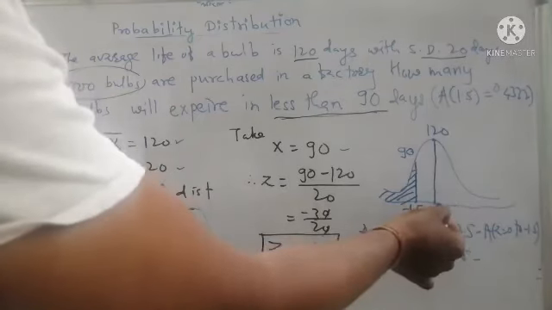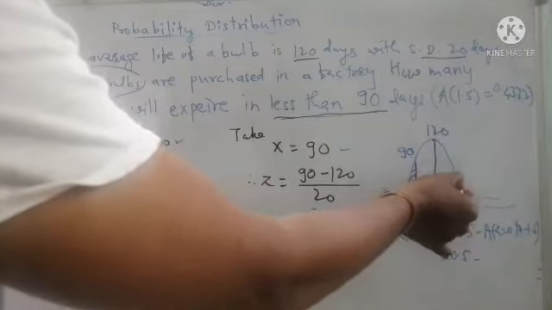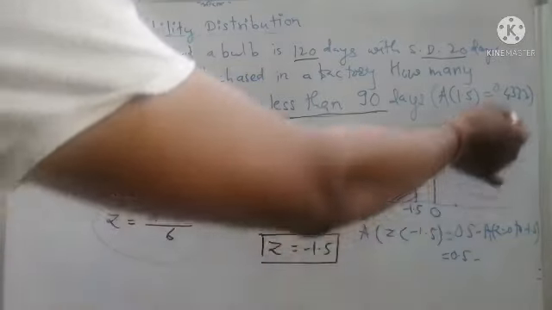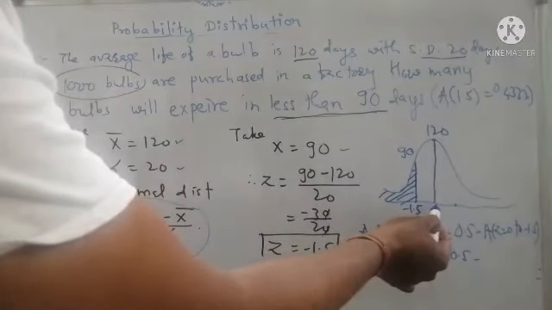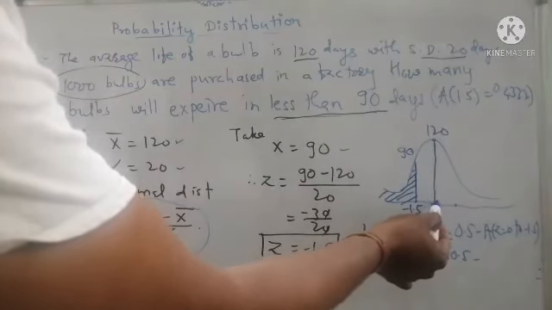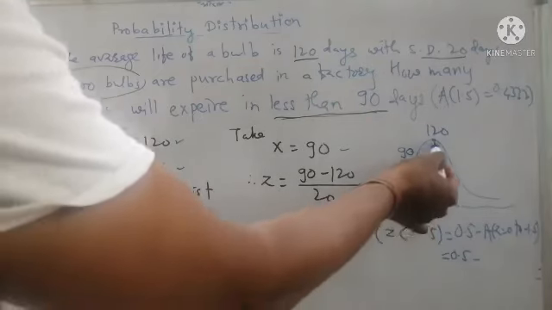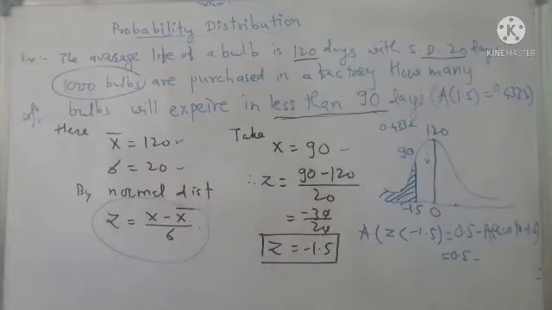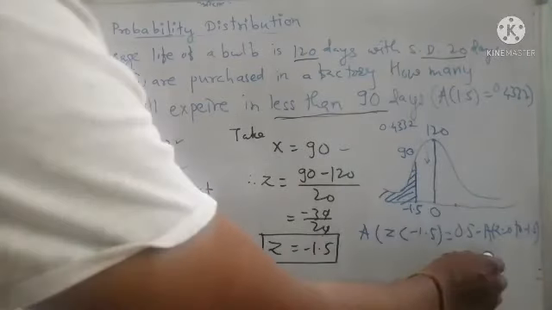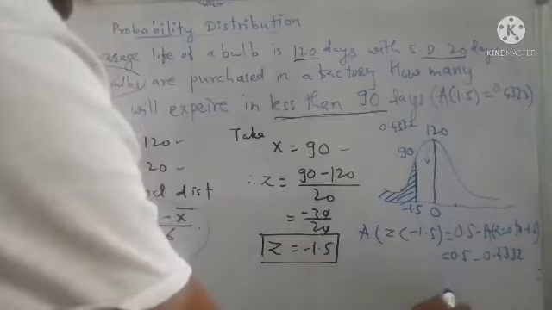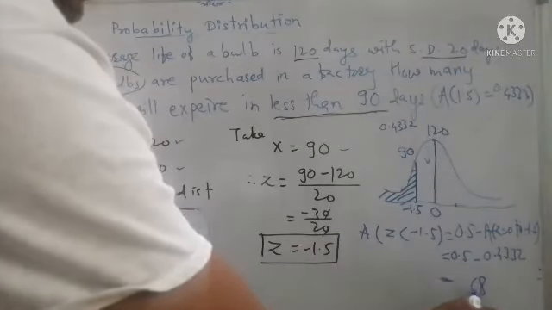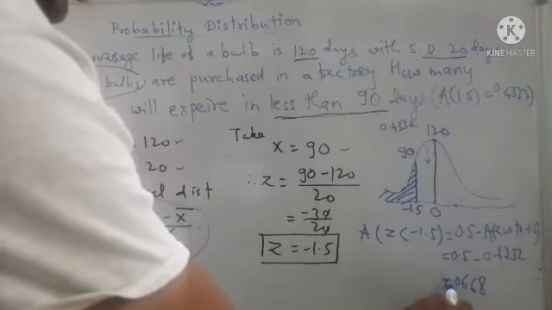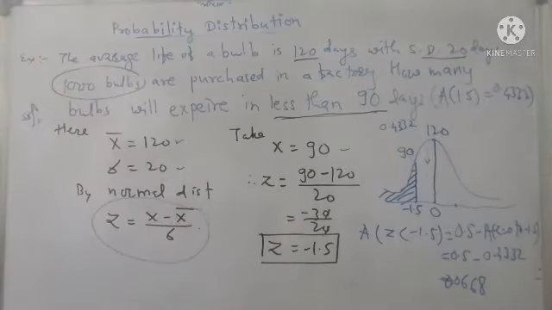So the area from 0 to 1.5 on the right hand side is 0.4332. Similarly, the area on the left hand side from 0 to minus 1.5 is also 0.4332. Now to evaluate the shaded area, we subtract this unshaded area from 0.5, so we get the value 0.0668. This is the area which we want.